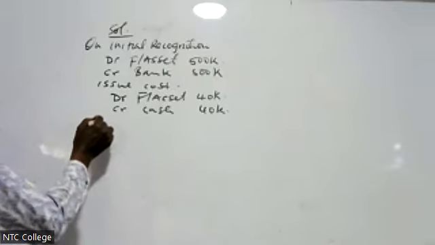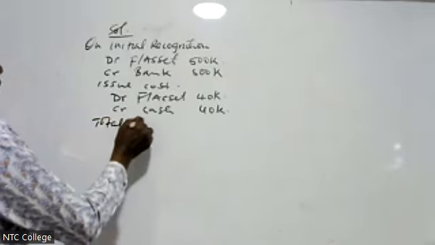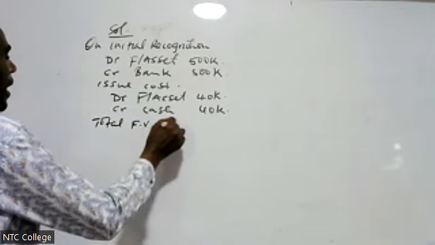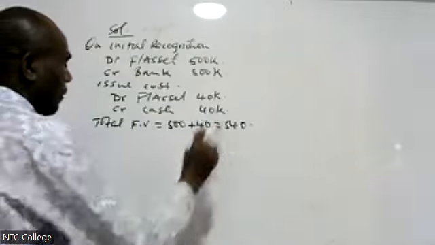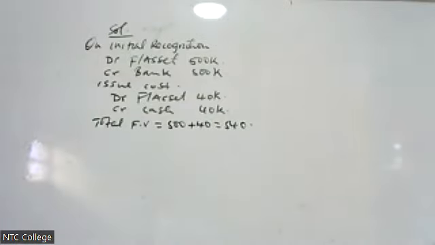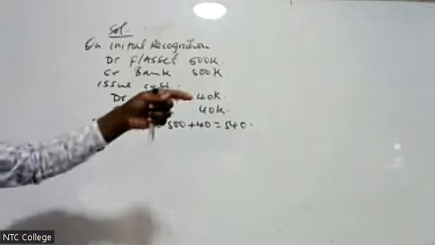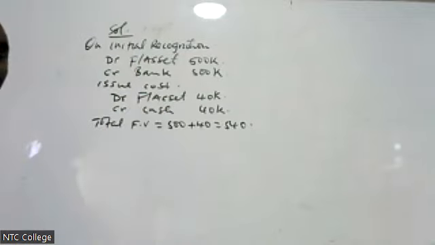Therefore, my total fair value equals 500 plus 40, which is 540. For the initial recognition, my total fair value of this instrument is not 500 like in the previous one, but it will be 540. The issue cost we add to the instrument.